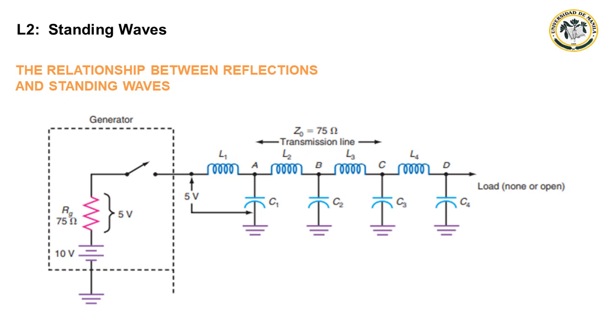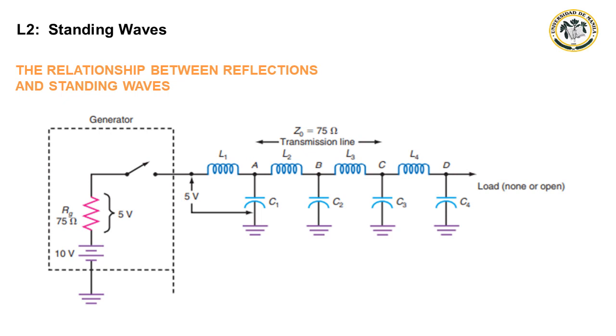Assume a transmission line impedance of 75 ohms and an internal generator resistance of 75 ohms. The 10 volts supplied by the generator is therefore distributed equally across the impedance of the line and the internal resistance. Now assume that the switch is closed to connect the generator to the line.